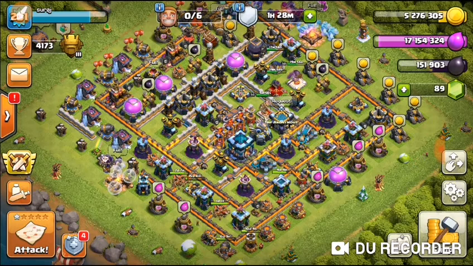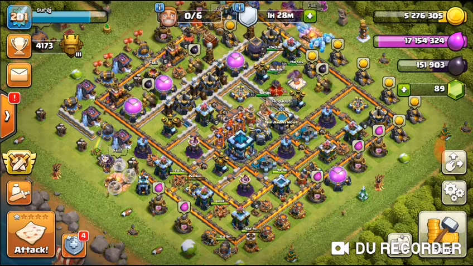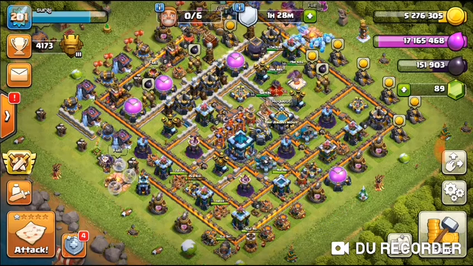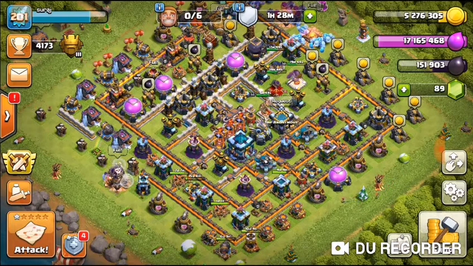And the third thing which we have learned is that the rage spell is most effective when the walls are not much disturbing.